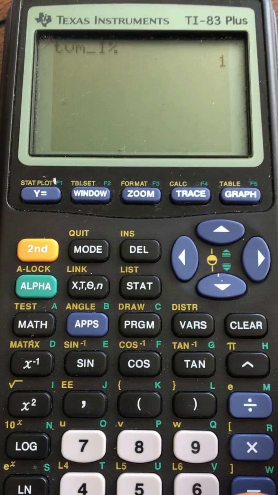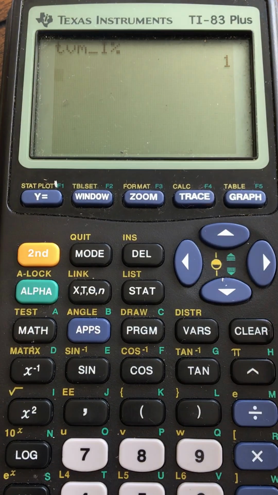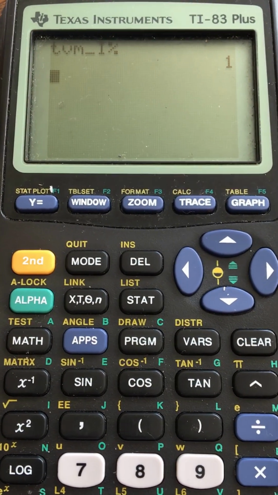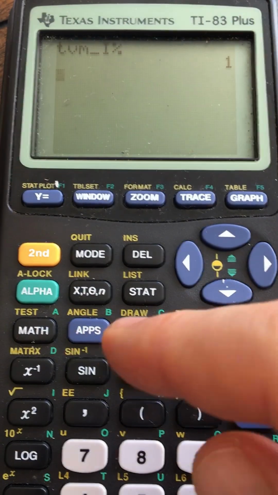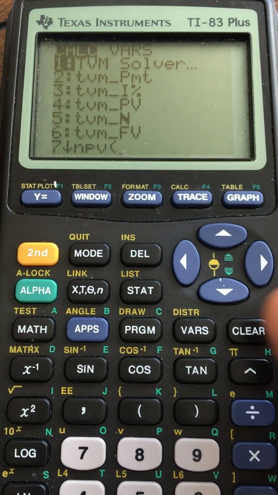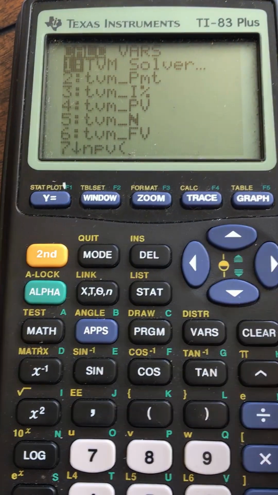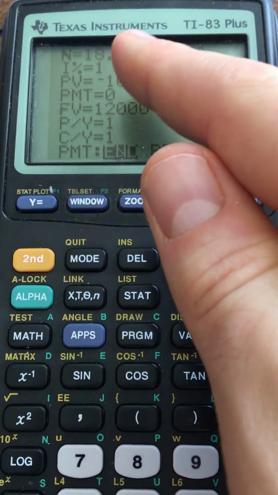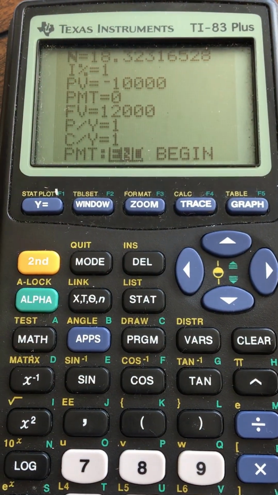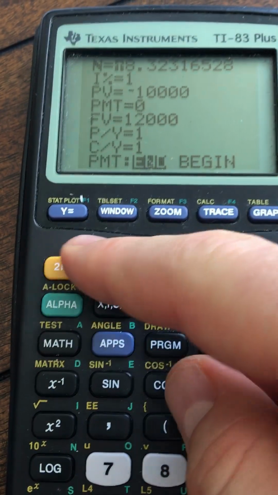And if I hit enter again, it will display the value for the interest rate, which is 1%. So you don't need to necessarily be in the time value of money solver portion to get the different values that you're searching for. So that 1% corresponds to the same 1% that's on the home page.